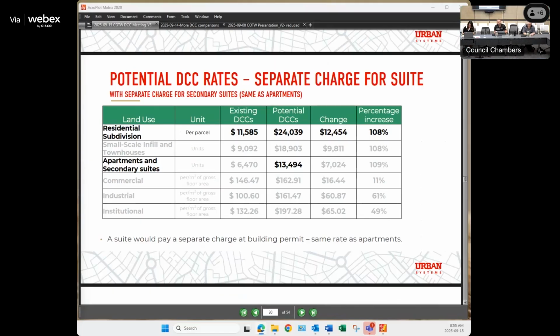This report is not staff's opinion or staff's direction. Staff do not adopt the DCC fees or bylaws. Staff are also not saying that this is easy or that everybody is going to be a fan one way or the other. When it comes to this, we need to understand strictly that these are costs of infrastructure improvements that need to happen.